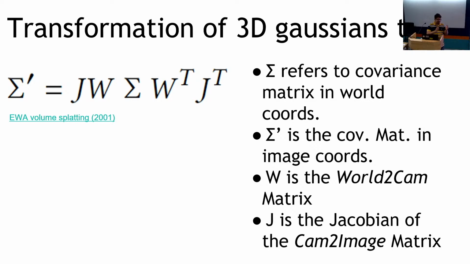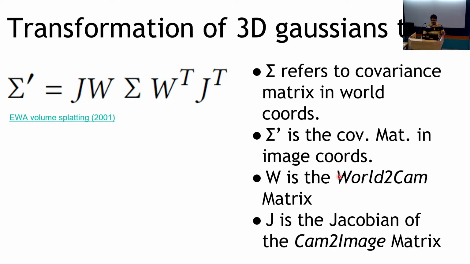In the normal pinhole camera model, you have intrinsics and extrinsics. First you have to go from world to camera, you multiply by camera extrinsics. Then once you have it, you can project this 3D world into the image plane using camera intrinsics.